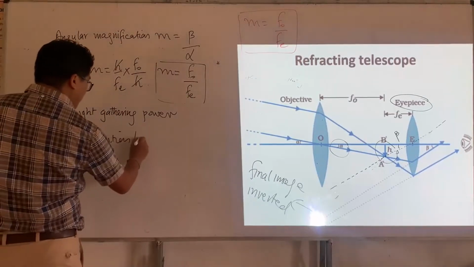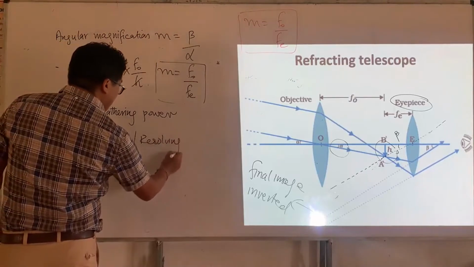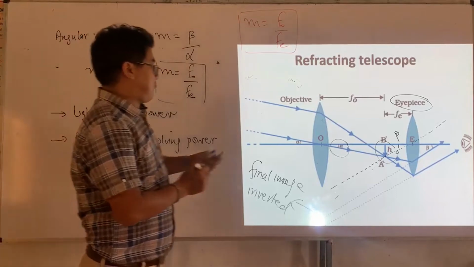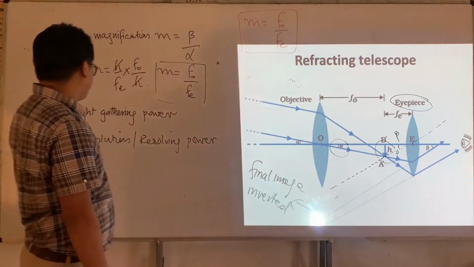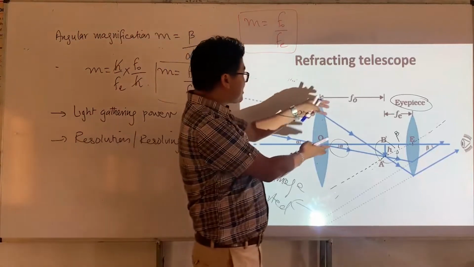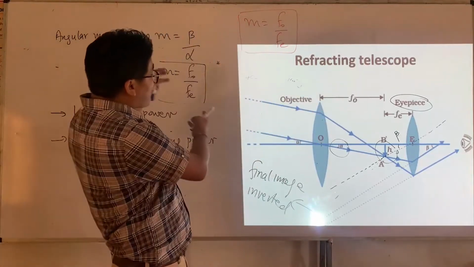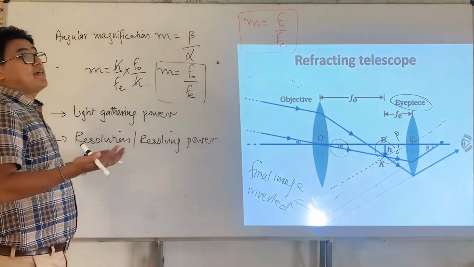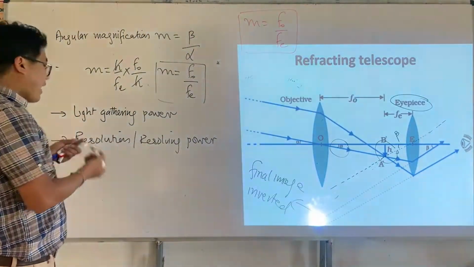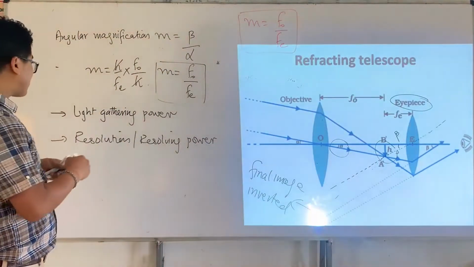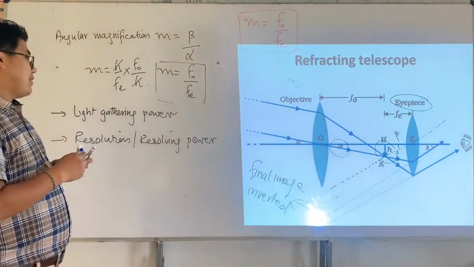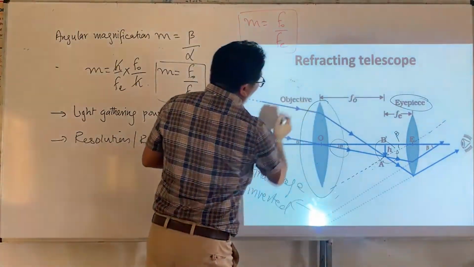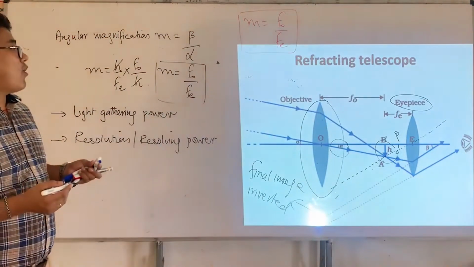So if I keep the objective lens big, obviously more light enters, and we get the brightness of the image much higher. Maybe in the next chapter, we'll discuss resolving power. Resolving power is all determined by the size or aperture of the objective lens.